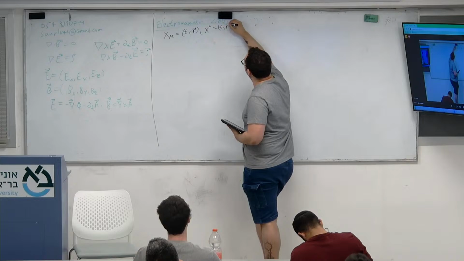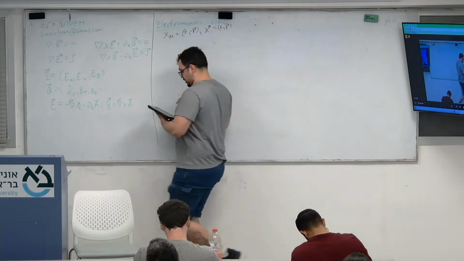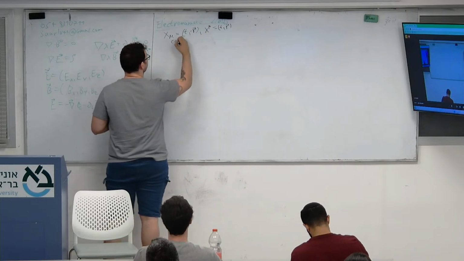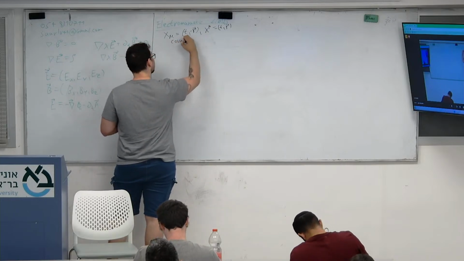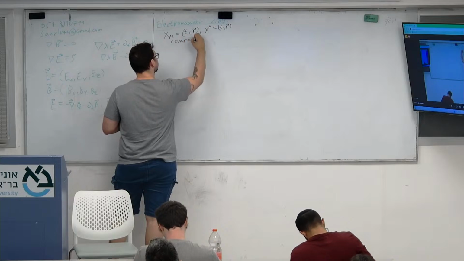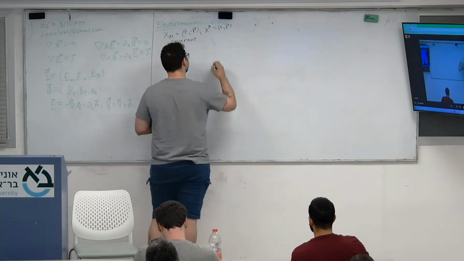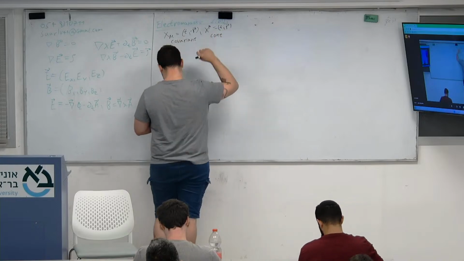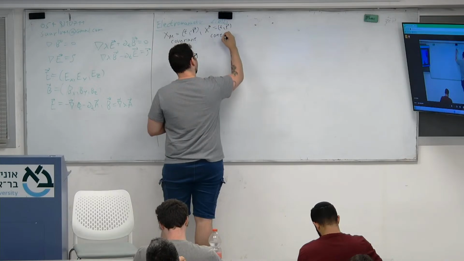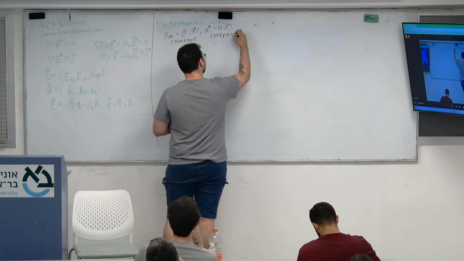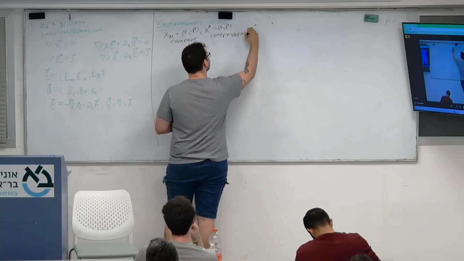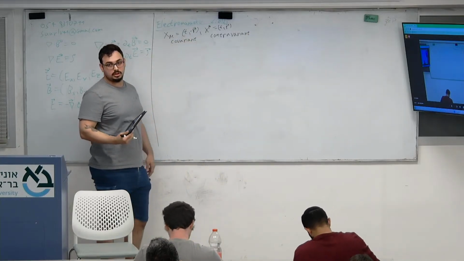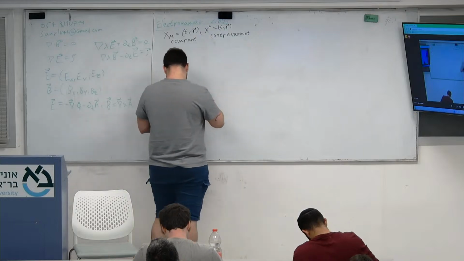t, r. So this, with the down index, we call covariant. And when the index is up, we call it contravariant. And to connect these two vectors, we'll define also a matrix.